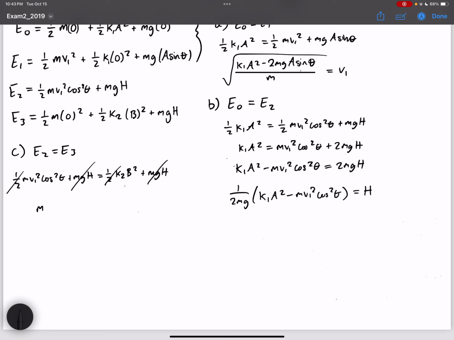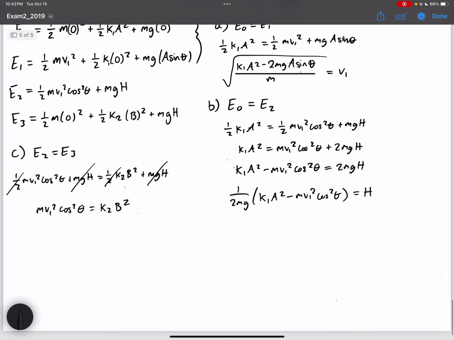And now we have m v1 squared cosine squared theta equal to k2 b squared. Now we can divide by k2.